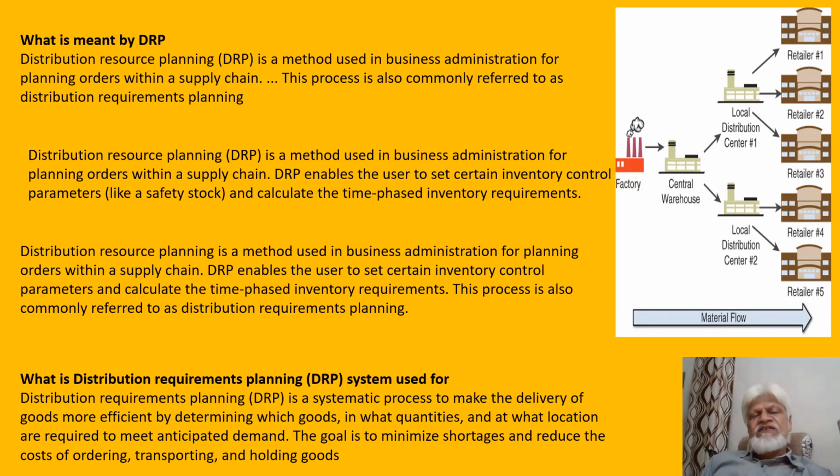So coming to the next topic, DRP, distribution resource planning, is a business administration method for planning orders within a supply chain. The process is also commonly referred to as distribution requirement planning. It is also used to set certain inventory control parameters like safety stock and to calculate the time-phased inventory requirement.